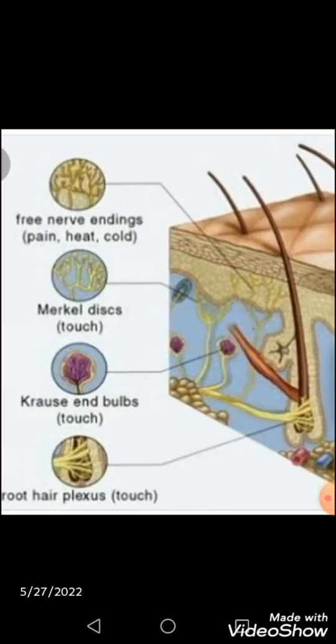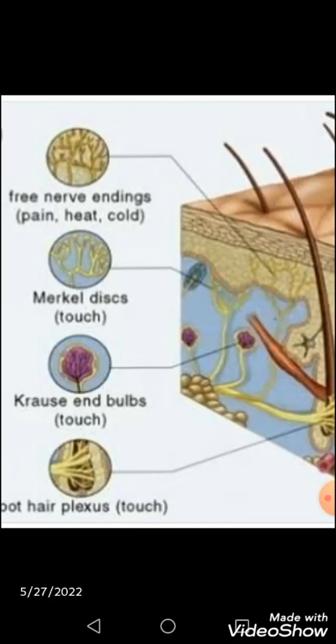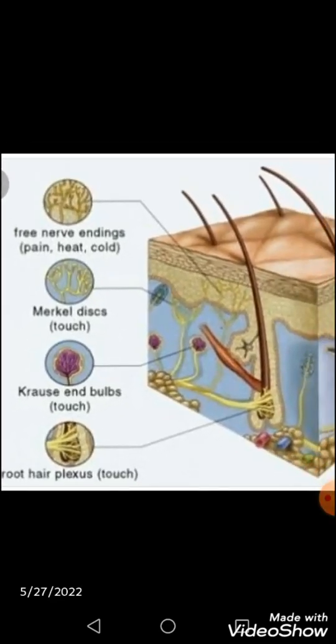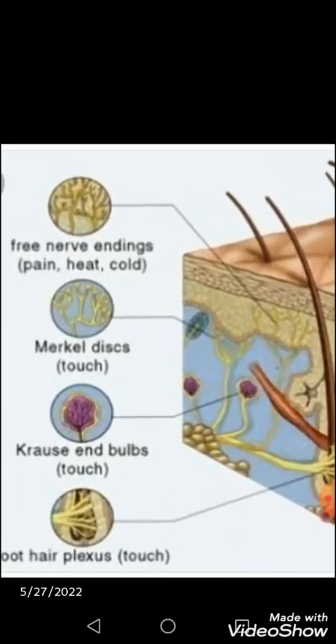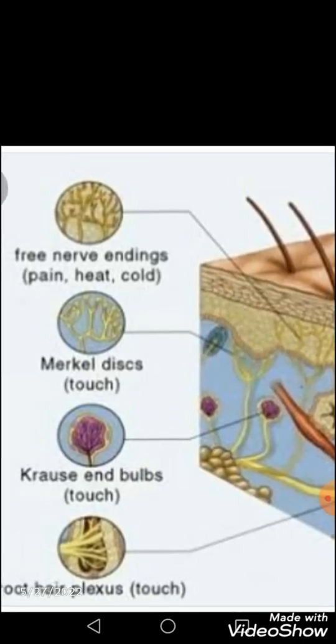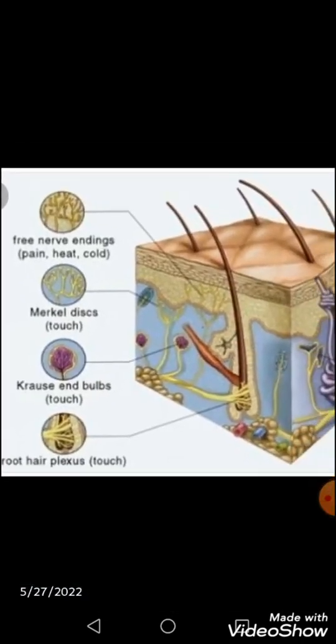You can also find the end bulb of Krause, again meant to detect touch sensations, and of course there are so many free nerve endings you can see for temperature sensations in the form of heat and cold, and pain, of course, right?